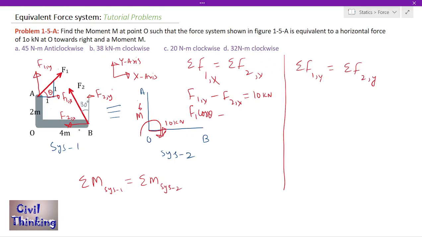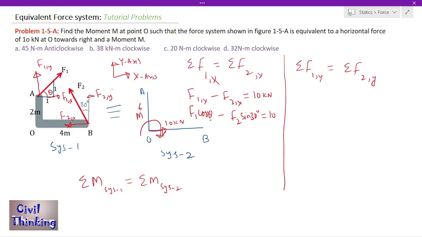F2x is F2 sin 30, because this is 30 degrees and this is the normal component. So F1 cos theta minus F2 sin 30 degrees is equal to 10 kilonewton. I know it's kilonewton and I'm not going to write that.